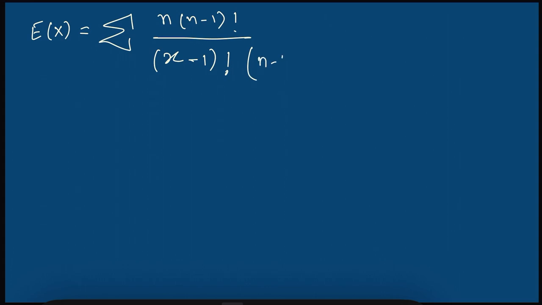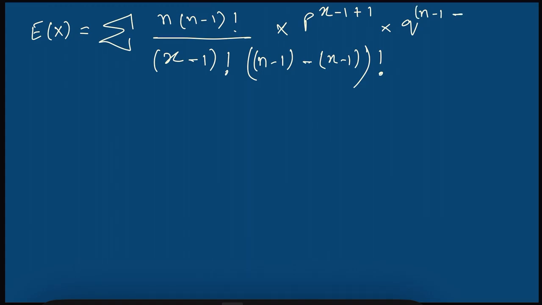I can extend the portion of expectation of x as n into n minus 1 factorial divided by x minus 1 factorial upon n minus 1 minus x minus 1 factorial, into p to the power x minus 1 plus 1, and then q to the power n minus 1 minus x minus 1.